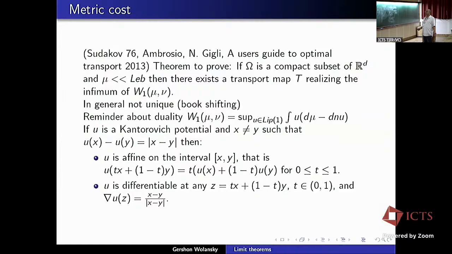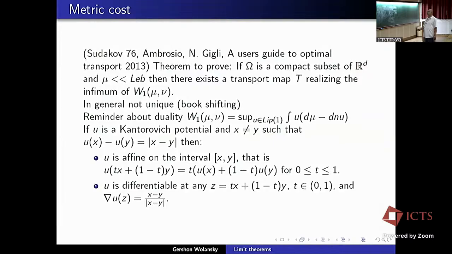This is from the general theory we know from duality. It is supported on the points x, y which satisfy this equality, so that u(x) minus u(y) equals precisely |x minus y|.